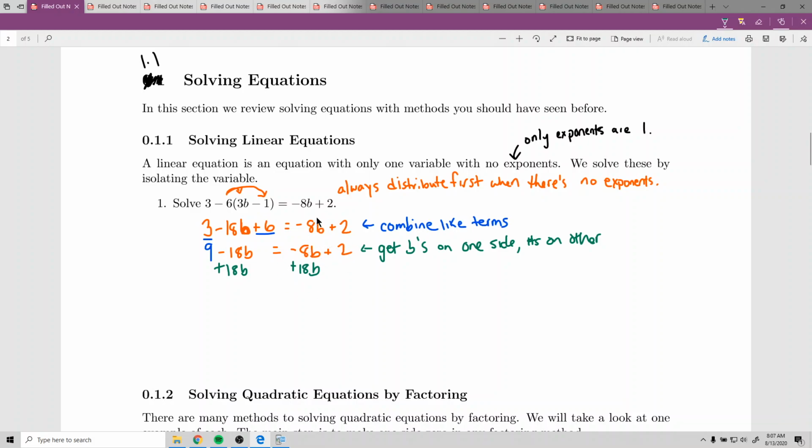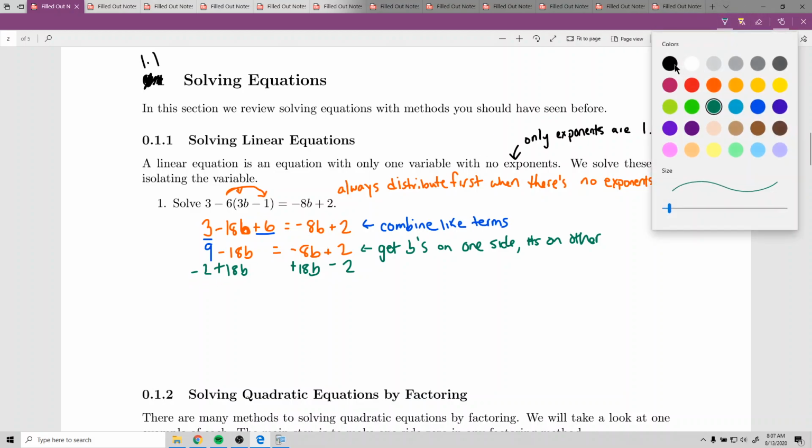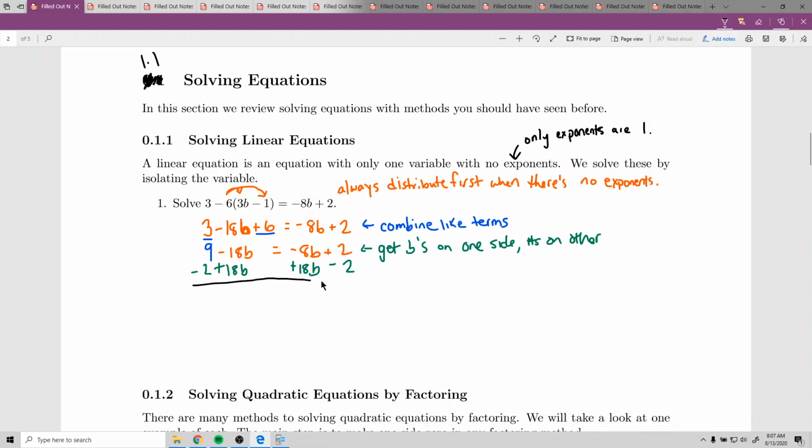And then because I want the b's on the right side, I'm going to subtract the 2 from the left side to get it away from the b's. So the 2's and the 18b's cancel. On the left side, we got 9 minus 2, which is 7. And on the right side, negative 8b plus 18b equals 10b.